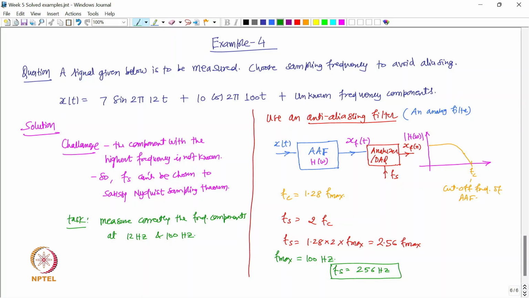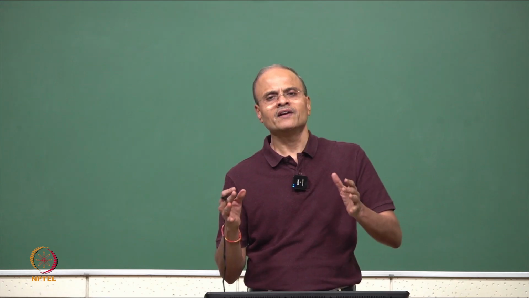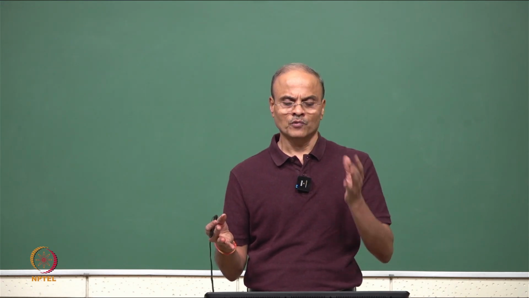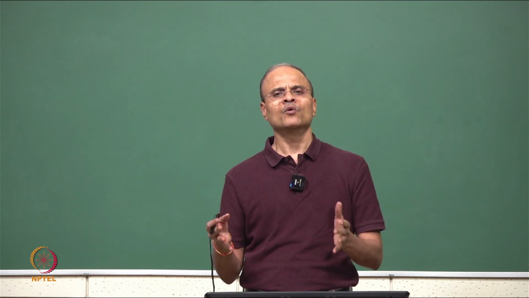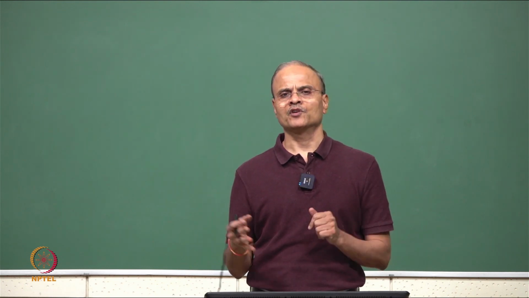That is what the sampling frequency would be when unknown frequency components are there. That is why in practical analyzers we always have an anti-aliasing filter, because in practice most of the time we will not know all the frequency components which are present.